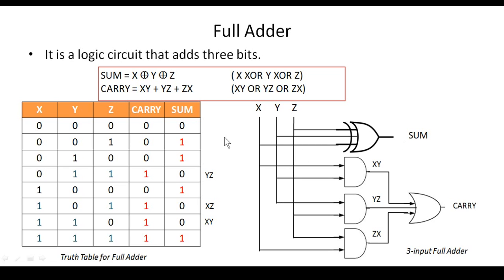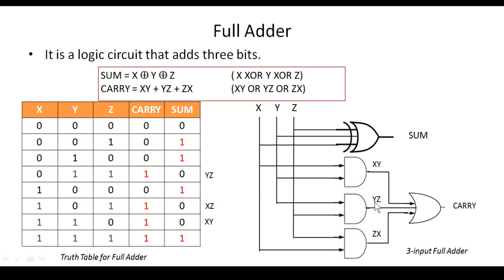So join X and Y first. You got X and then Y. Join this to an AND gate, so you will get XY. And then you got YZ. So join Y and Z, you can see here Y is joined and Z is joined, so you have an AND gate here.